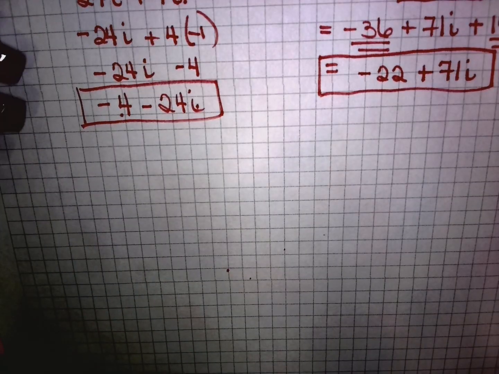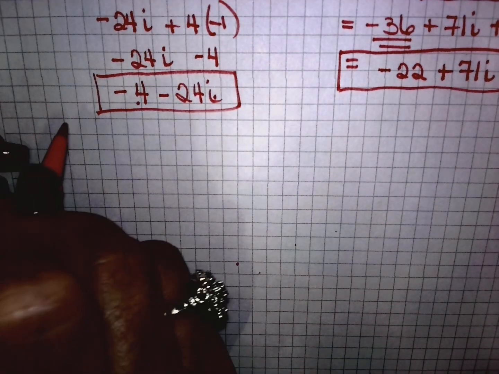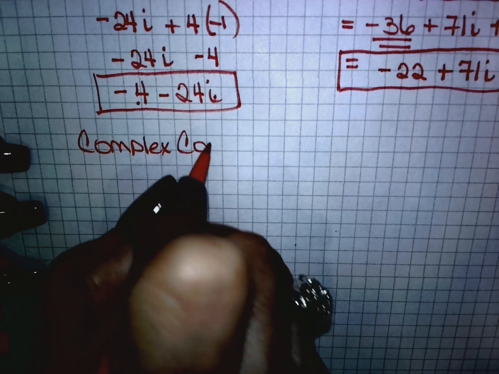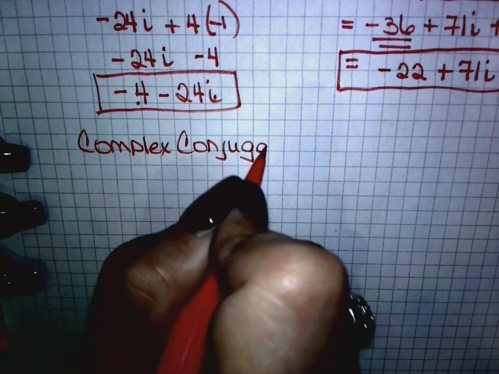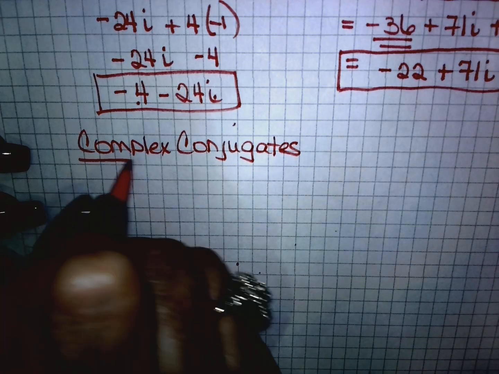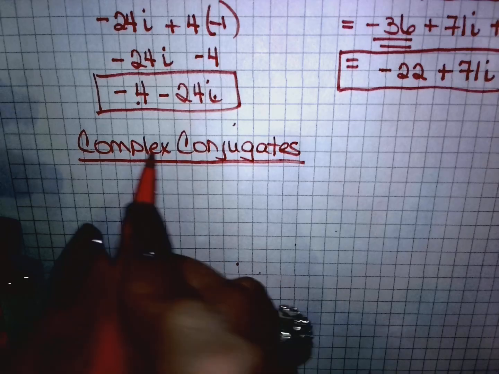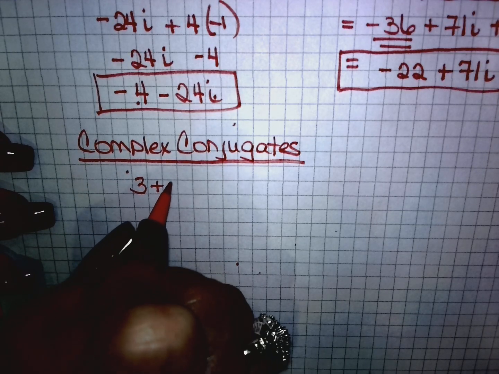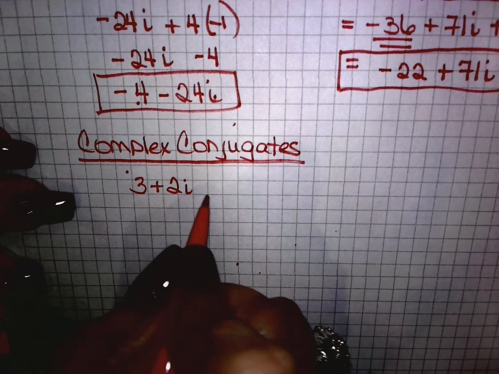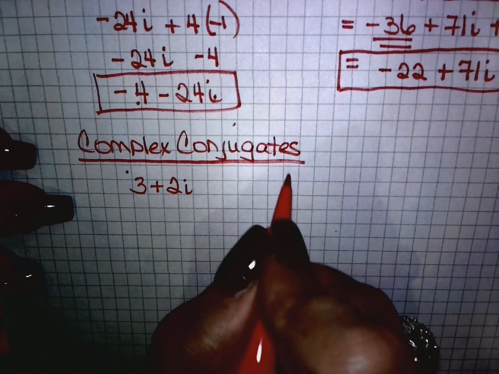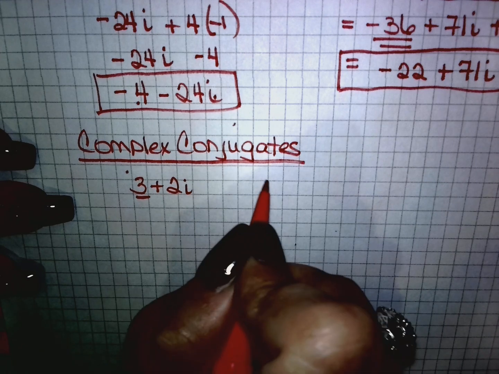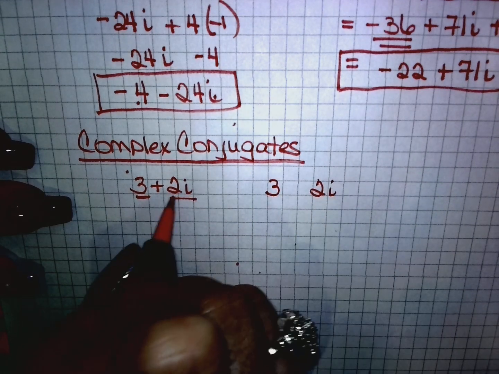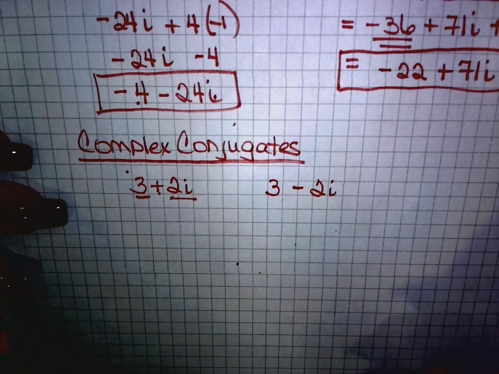There's a special pair of complex numbers called complex conjugates. And complex conjugates look like this. For example, if I have the complex number 3 plus 2i, its complex conjugate has the same real part, 3, has the same imaginary part, and one is positive and one is negative.